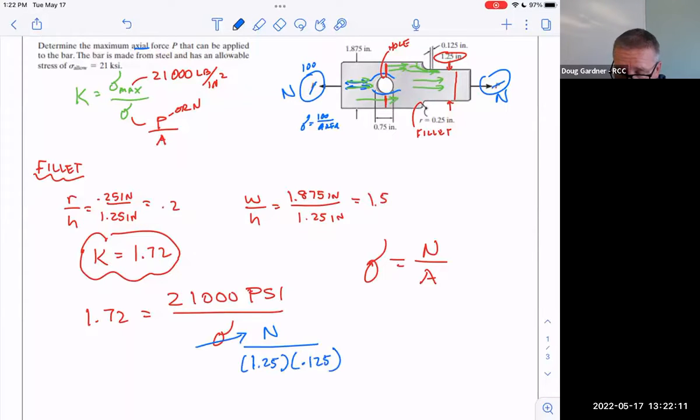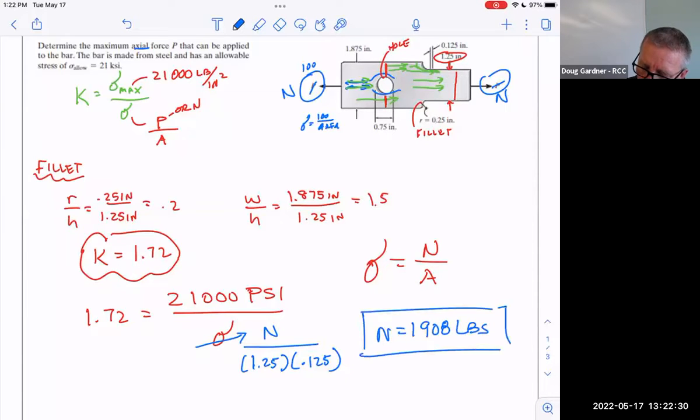So I could do that right now if I want. And notice N would be pounds, and inches times inches on the bottom would be square inches. So that is a PSI number down there, even though I didn't write it out. If all goes well, you get N as 1,908 pounds. So do you understand? It's like, don't pull more than 1,908 pounds on that or it breaks.